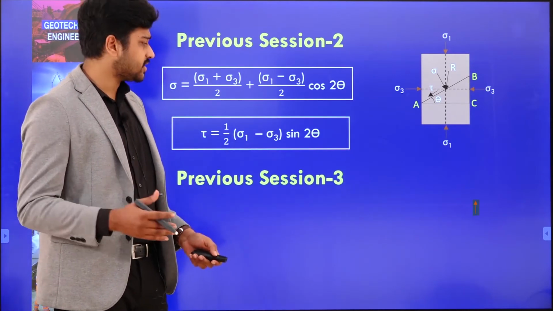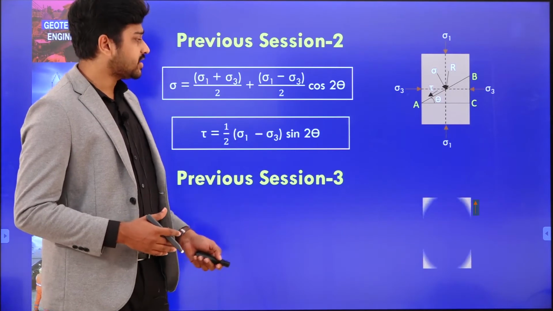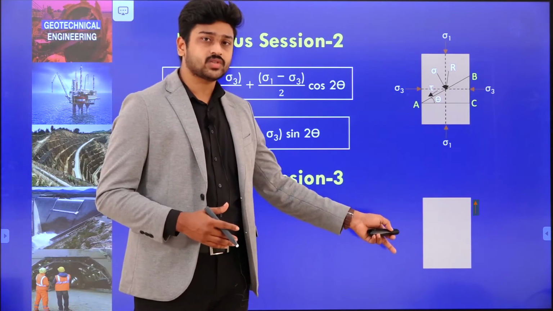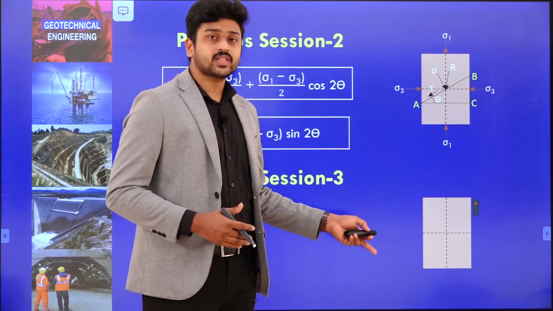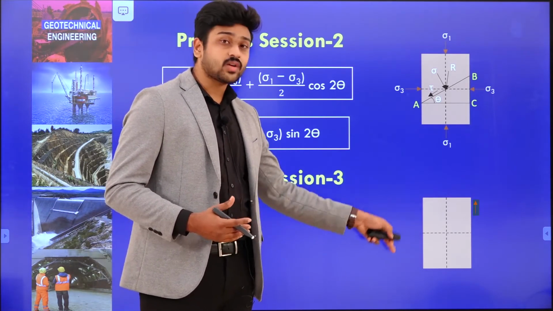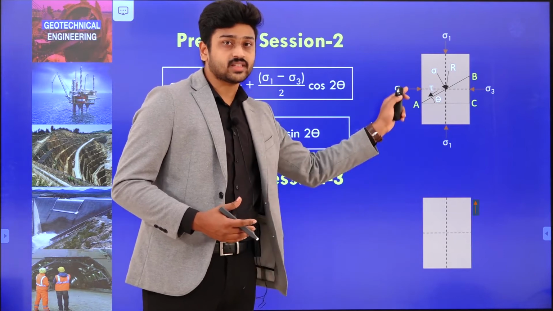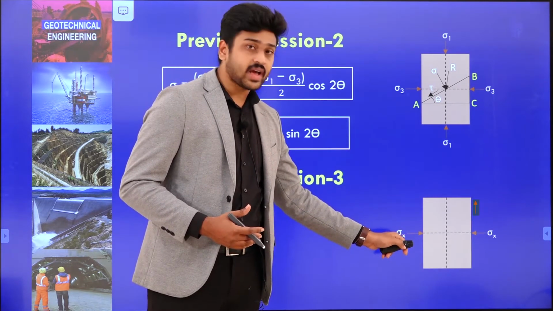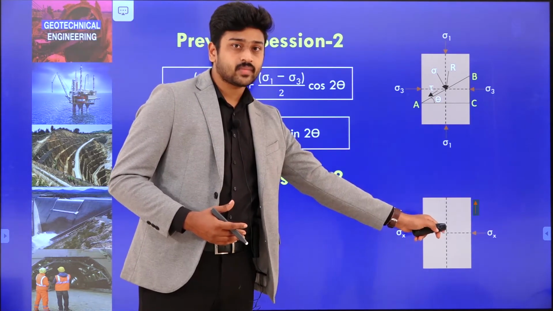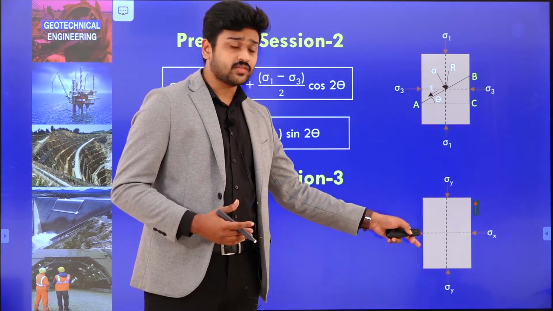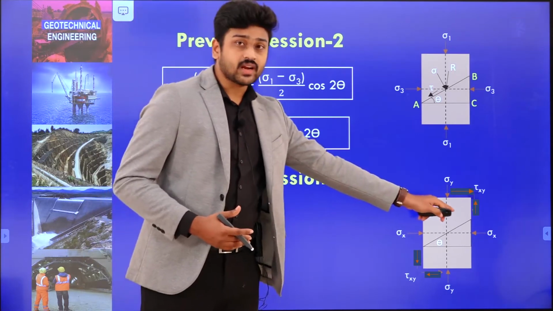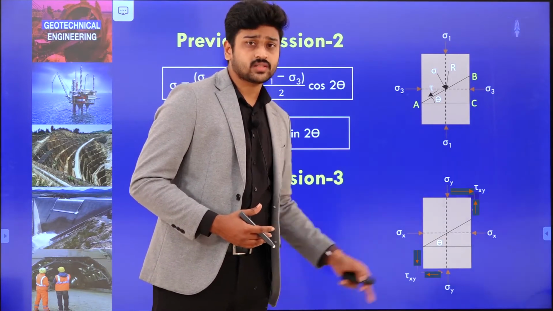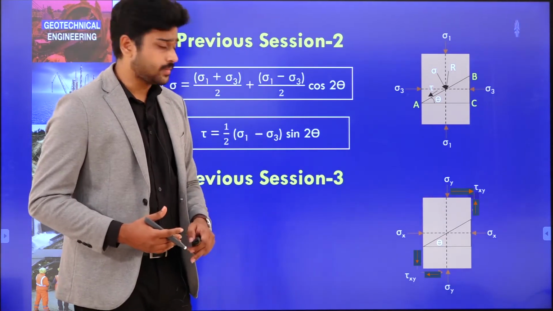Similarly, in session number 3, we considered a similar type of homogeneous two-dimensional body, a soil mass. As these are not the principal planes, instead of sigma 1 and sigma 3 we considered sigma x as the horizontal stress and sigma y as the vertical stress, and apart from that we considered tau xy along the surfaces of this two-dimensional body.